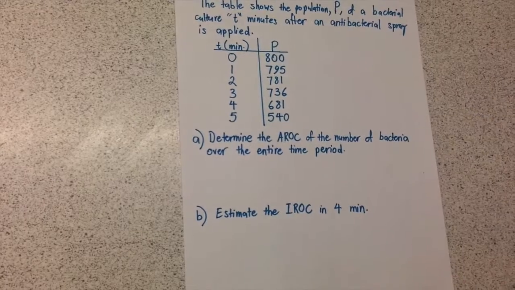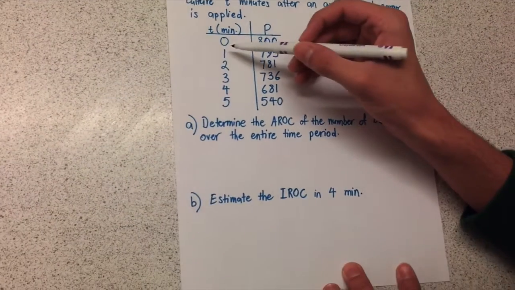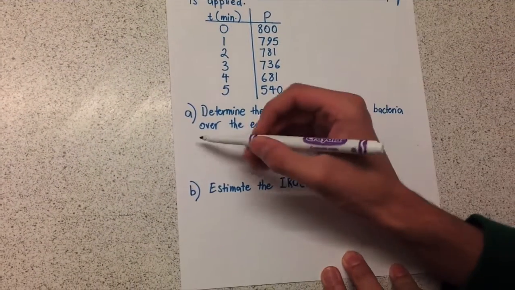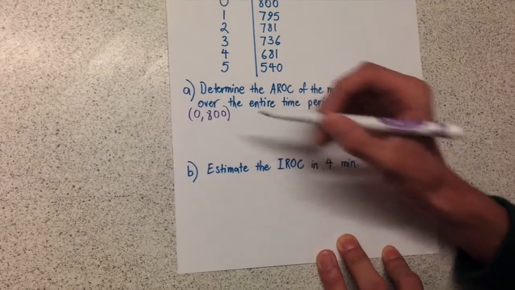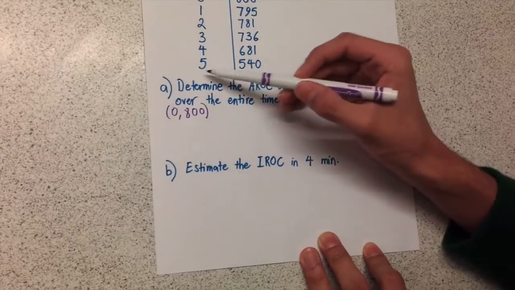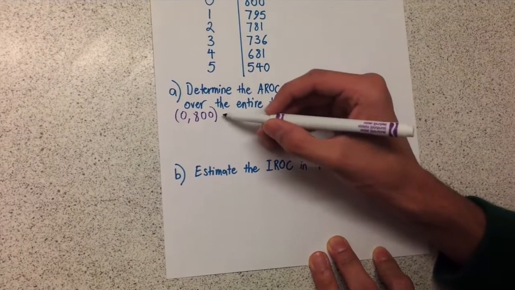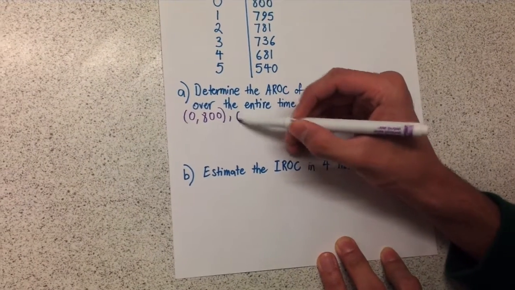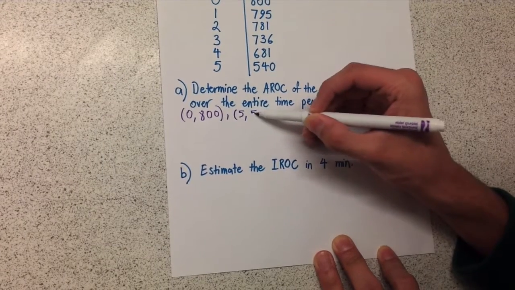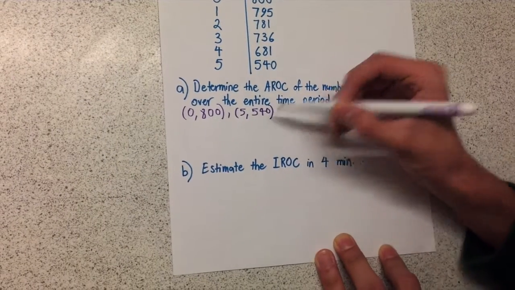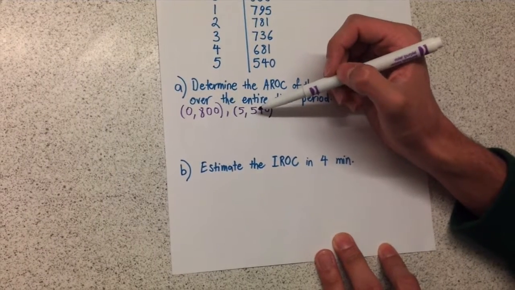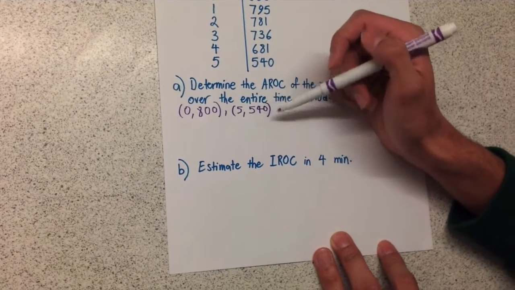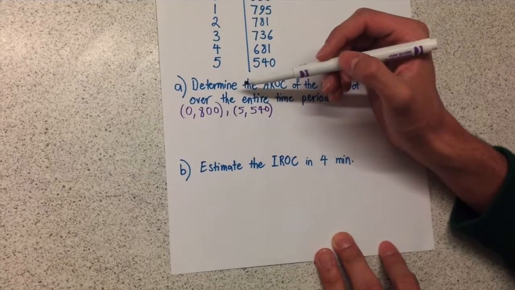So, the point at the start is (0, 800), and the point at the end is (5, 540). We will use these points to find the AROC for the entire time period.